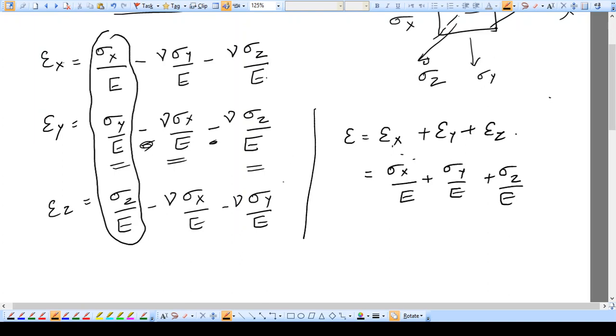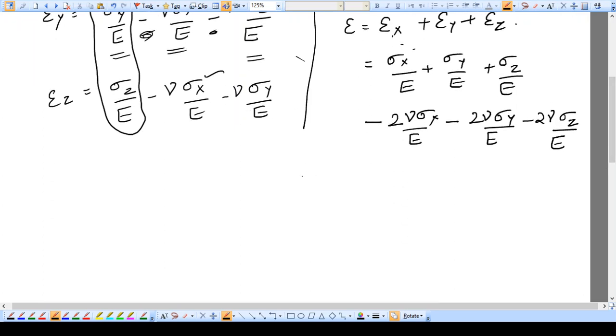Then I am adding sigma x terms in the remaining part. So here I am having one sigma and here I am having one sigma. So when you add this, I will be getting minus 2 mu sigma x by E, then minus 2 mu sigma y by E minus 2 mu sigma z by E.